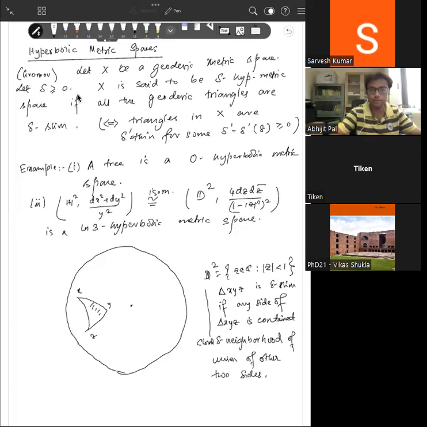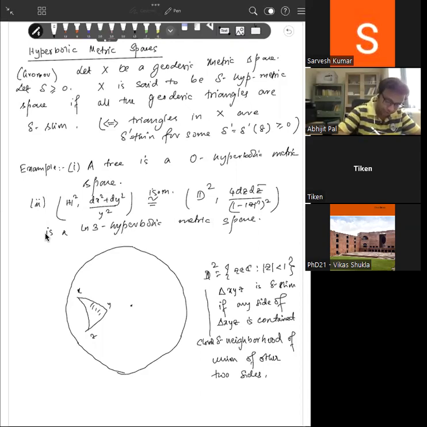Okay. So this is the meaning of delta slimness. In fact, we will prove that this triangle is delta thin, where this delta is log 3.